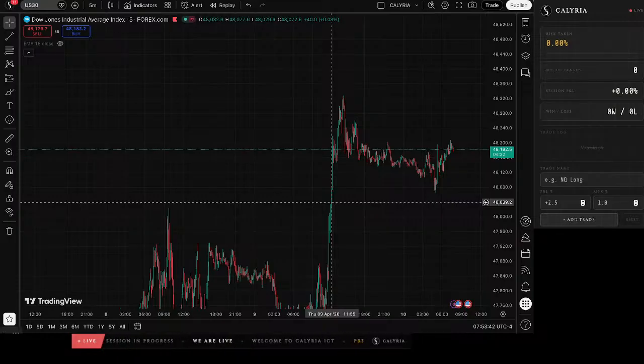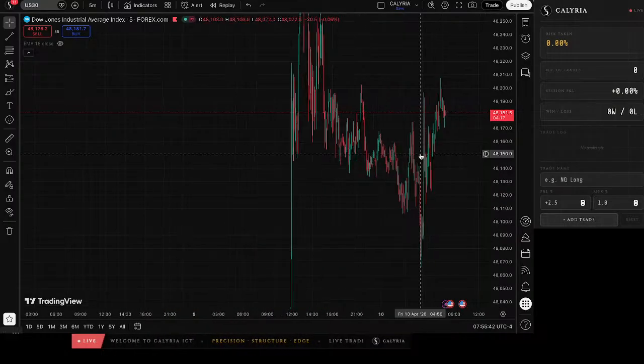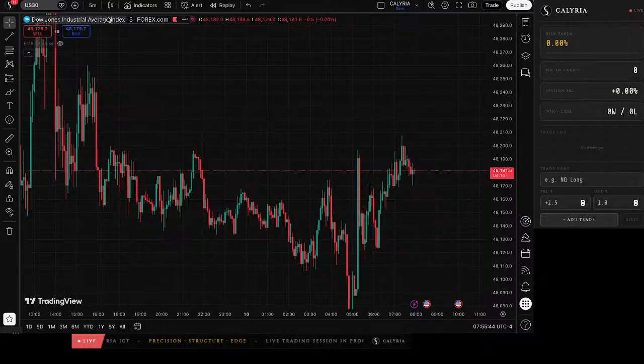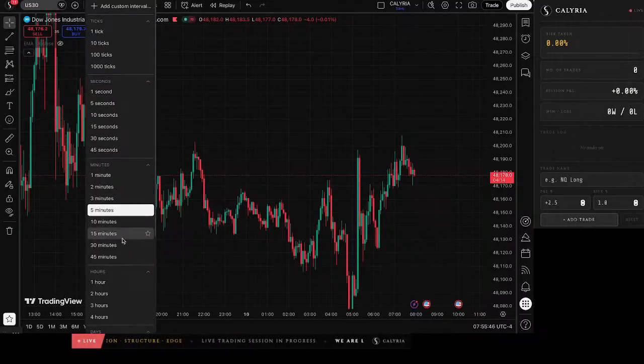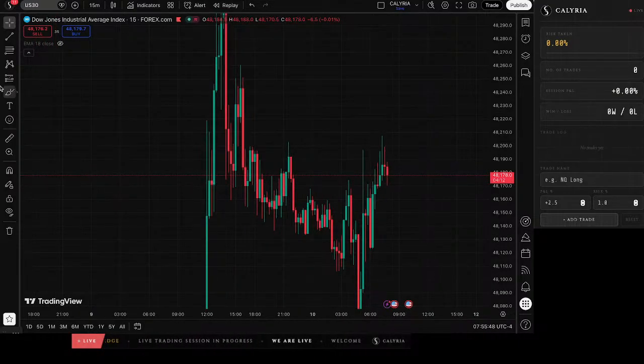The point is that I came late for this trade, but it doesn't matter. There is a sell trade here, but we will wait for the market to move. I will show you the FVG and you will get everything here.